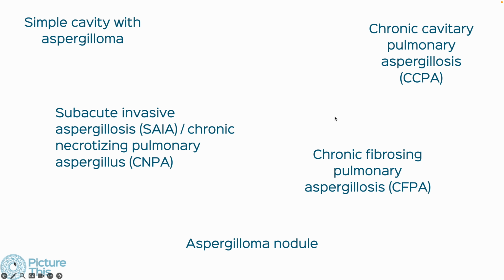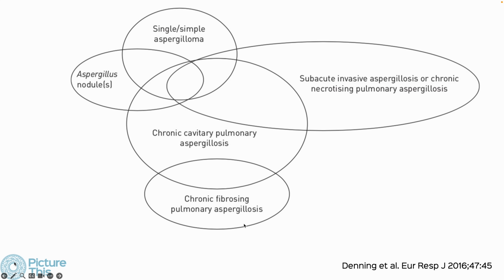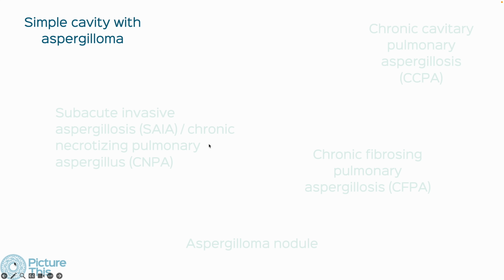CPA has 5 categories: single cavity with a fungal ball, CCPA, which is chronic cavitary, CFPA, which is chronic fibrosing, then you have the chronic necrotizing, and an aspergilloma nodule. And all of these can intersect and interact with each other, and CCPA is kind of in the center.